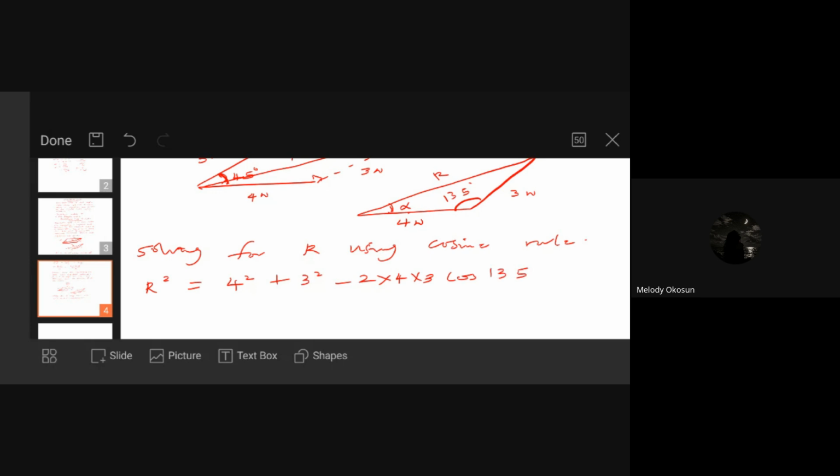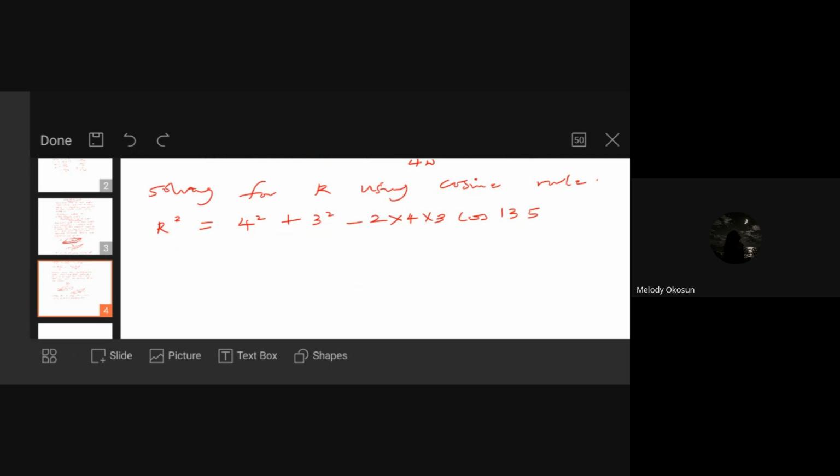Remember the formula we stated before, that R square equals F2 square plus F1 square minus 2 times F2 times F1 cosine 180 minus theta. And we've done the whole of that, and that is how we got this expression here, that R square equals 4 square plus 3 square minus 2 times 4 times 3 cosine 135.